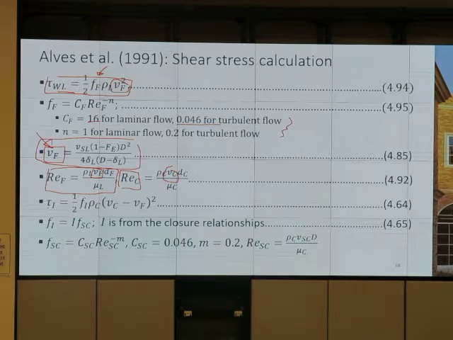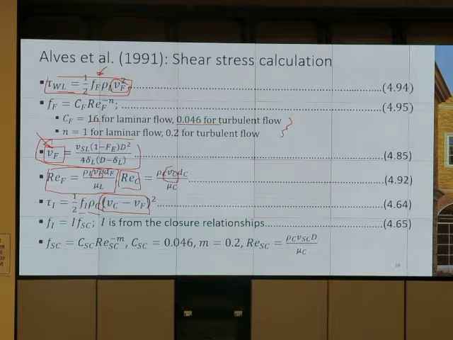So tau I is 1/2 f sub I rho V square, with apparent velocity. So the velocity that the liquid film sees will be the difference between the velocity of the core and film. Vc and Vf, they are functions of what? Thickness, right? It's a function of thickness. Rho f is a function of thickness, isn't it?